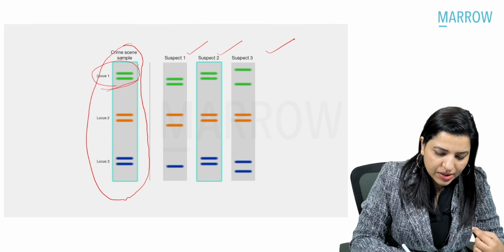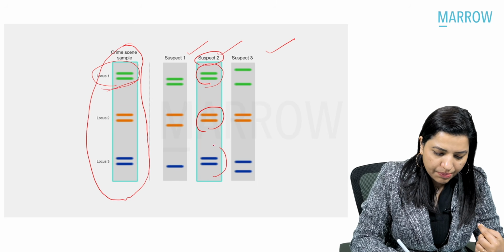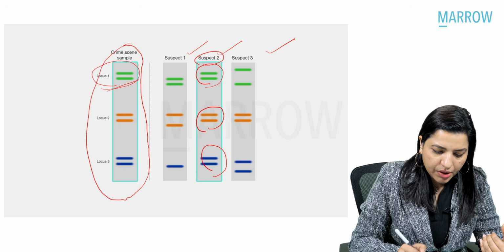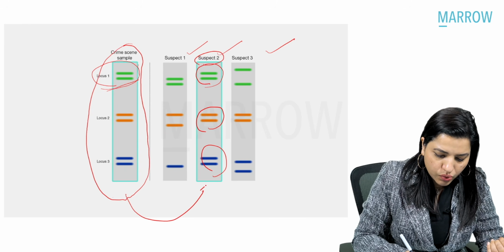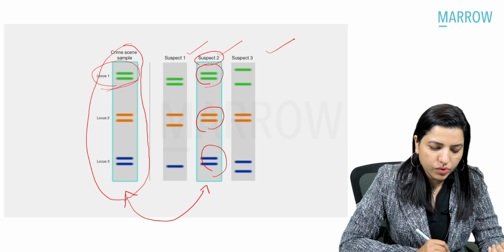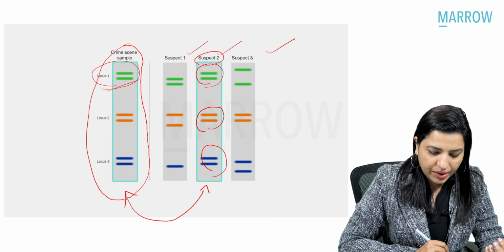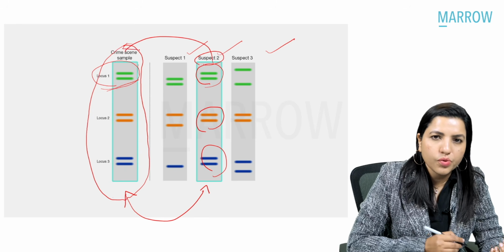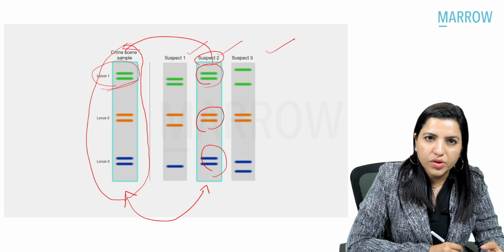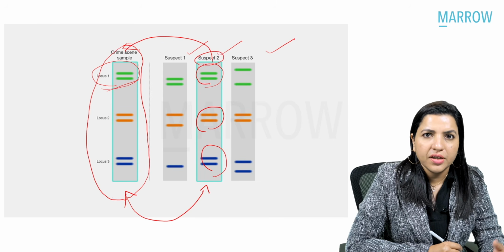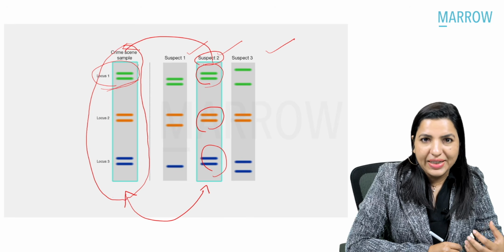You can see suspect 2 has the same band locus when compared to the DNA that we got from the scene of crime. So we can find out that suspect 2 is the person who committed the crime, and this technique is called DNA fingerprinting. The same can be used to find out suspected paternity.